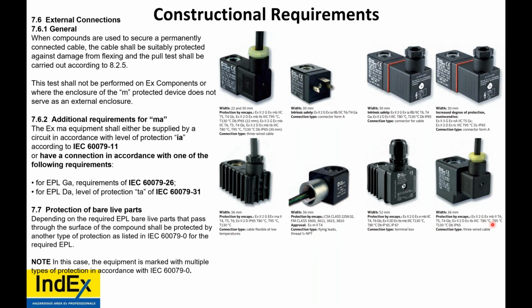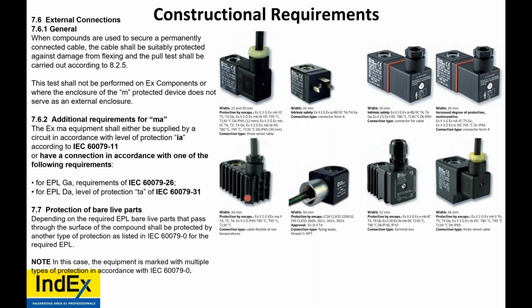So EX m does serve as an external enclosure on these ones because they're not multiple forms of protection. They're just EX mb, EX ma. Additional requirements for EX ma is they shall be supplied by a circuit according to EX ia. So this could be an EX ma device fed from an EX ia barrier as part of the circuit.